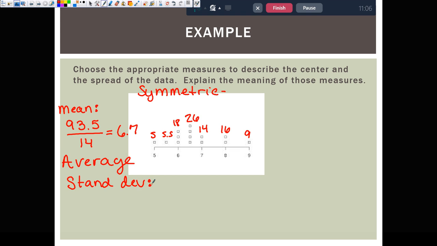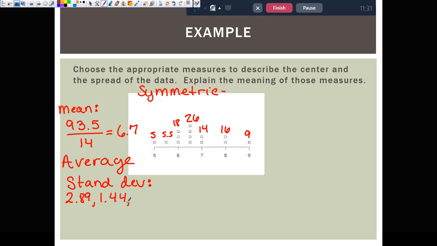So for standard deviation, we have to take each number, subtract the mean, and square it, okay? So 5 minus 6.7 squared is 2.89. And 5.5 minus 6.7 squared is 1.44.